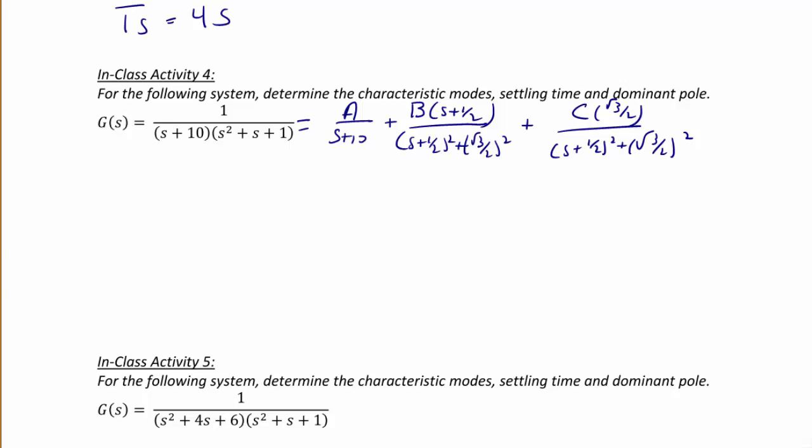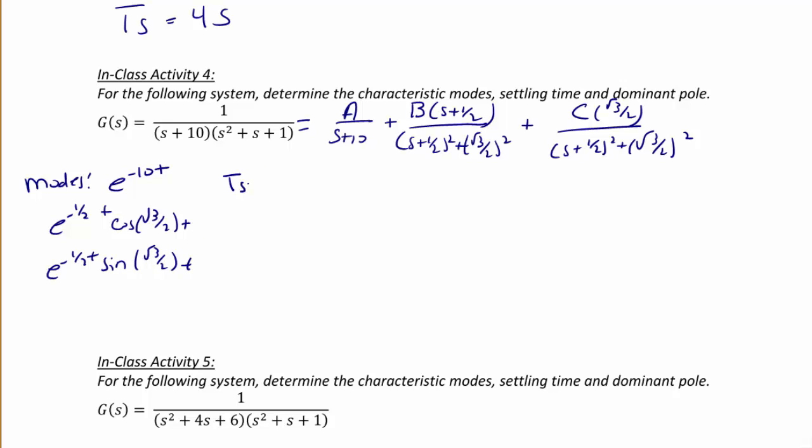So from this, we see that the modes are e to the negative 10t, e to the negative 1/2 t cosine of square root of 3 over 2 t, and e to the negative 1/2 t sine of square root of 3 over 2 t.